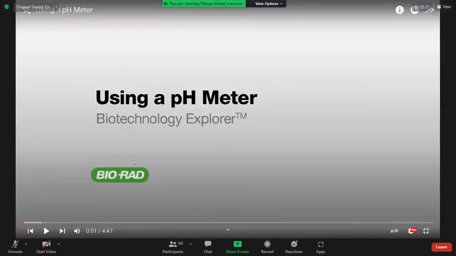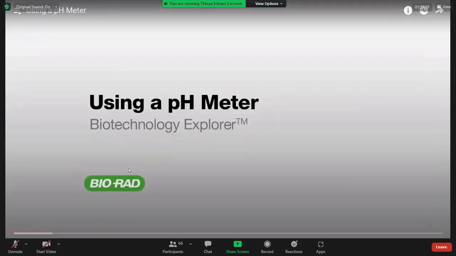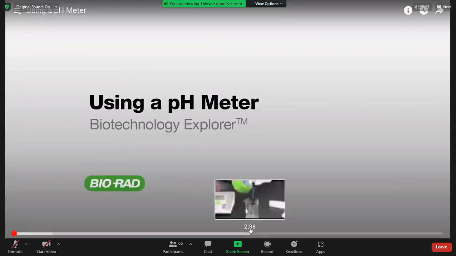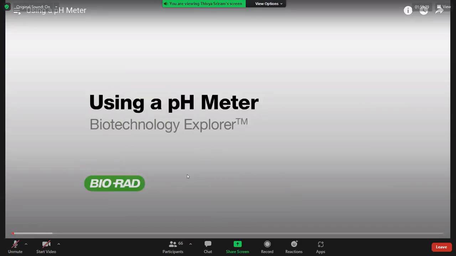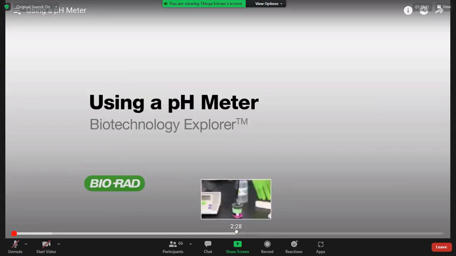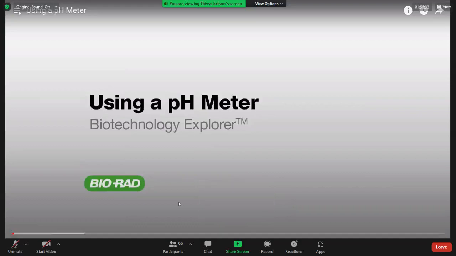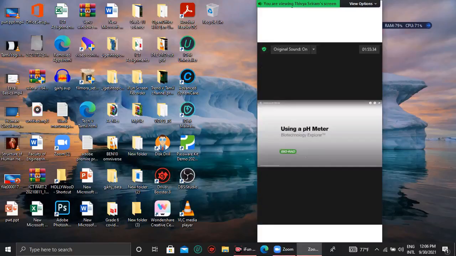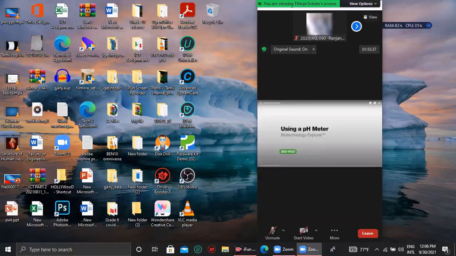Now we will see about the pH meter. Can anybody tell what is the optimum range of acidic, basic as well as the neutral pH? You have studied in your previous practicals. Can anybody tell what is the optimum pH for the acidic solution, neutral solution, as well as the basic solution?